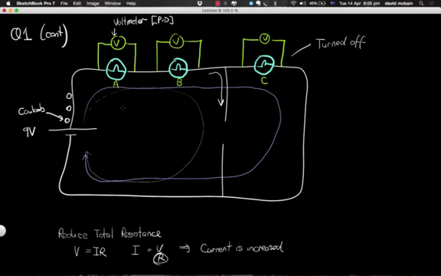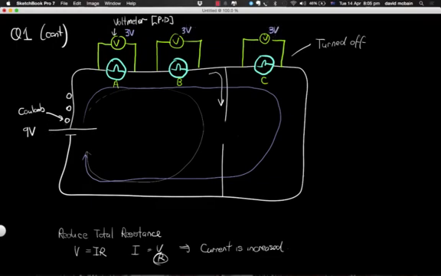Put another way, as the coulombs travel around the circuit, they're going to lose the same amount of energy as they pass through each of these resistors. And because they're going to pass through 1, 2, 3 of them, then the voltage across each of those globes initially would have been 3 volts.